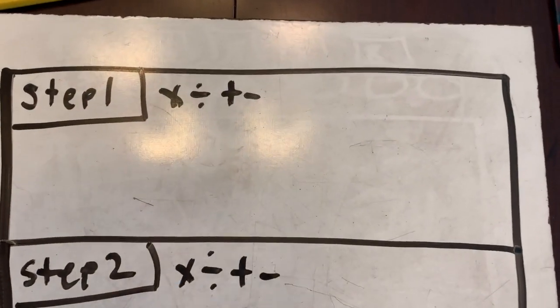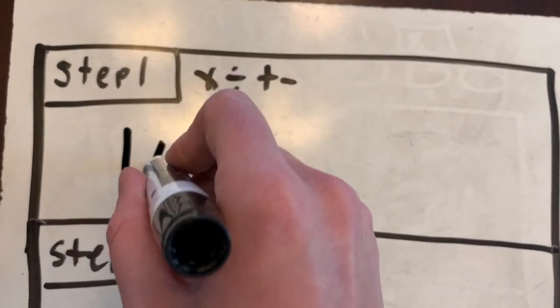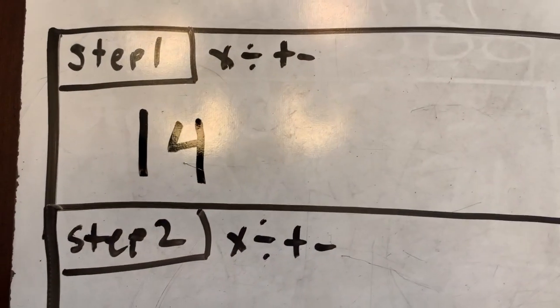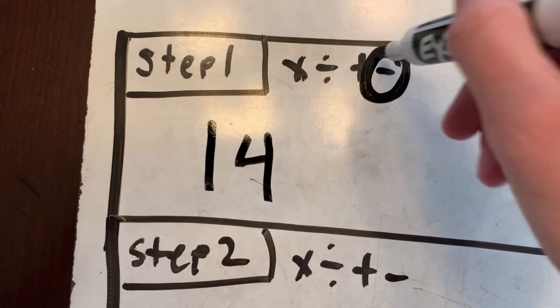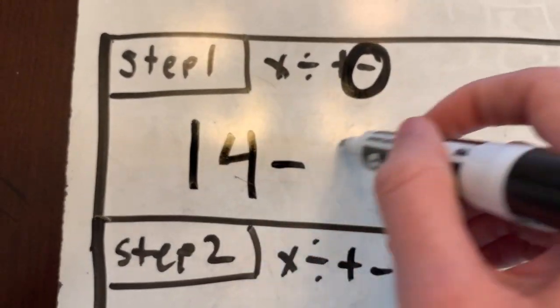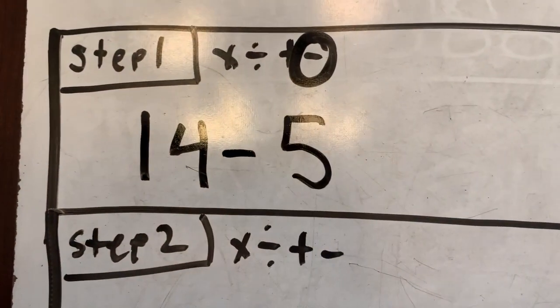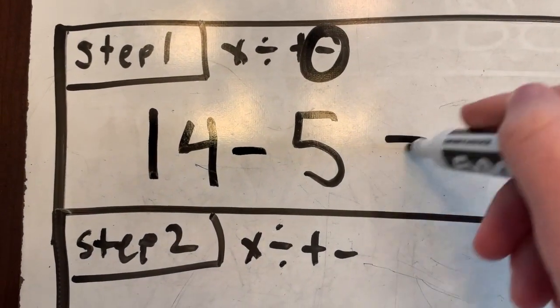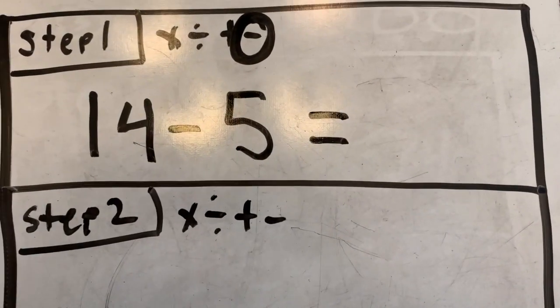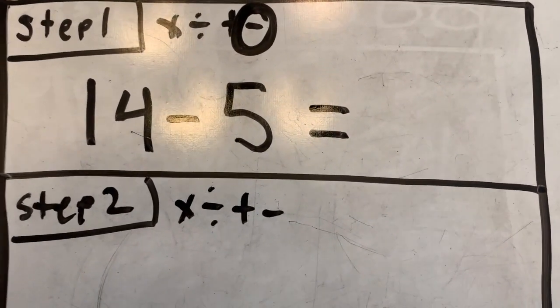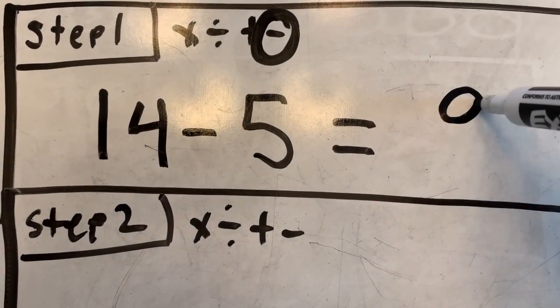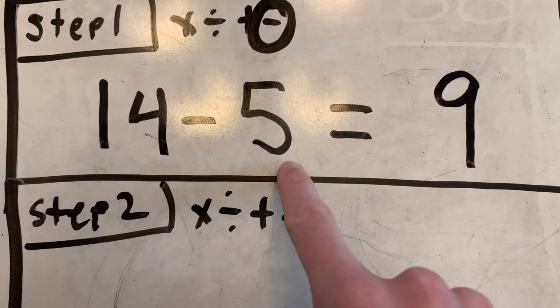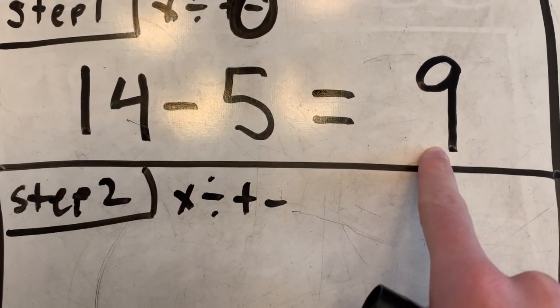So in step 1, we're going to start with that $14, which is the total amount he spent. If we take away the $5 Rick spent on the binder, we will know how much he spent on the packs of pens. So 14 minus 5 is 9.